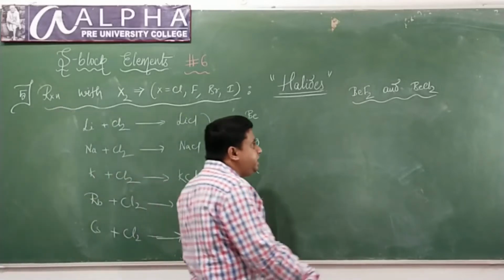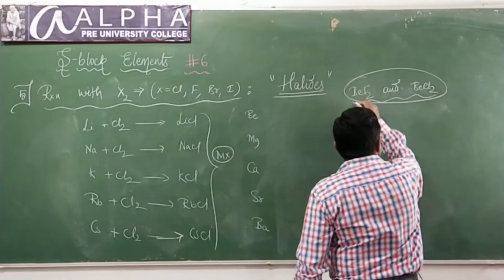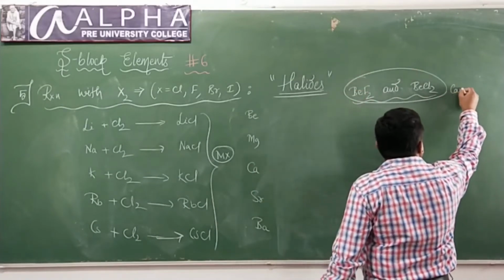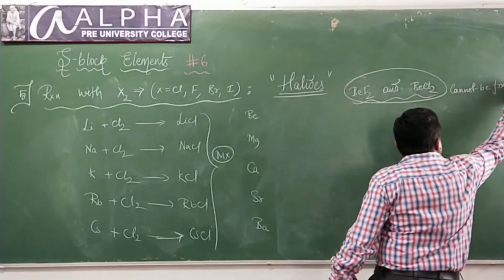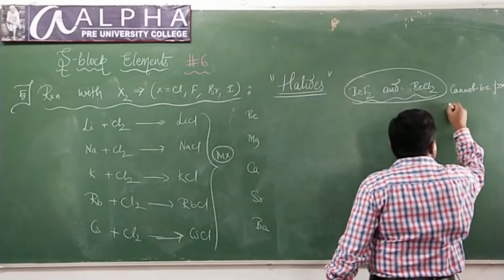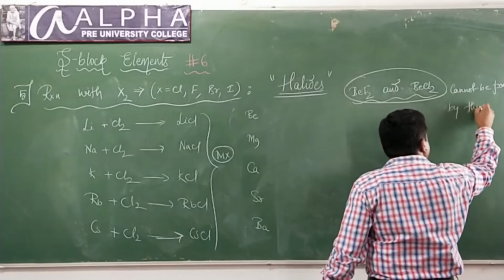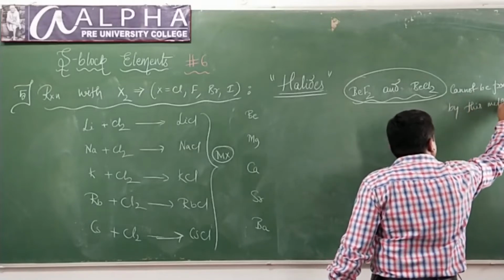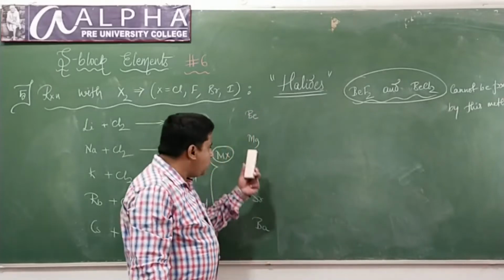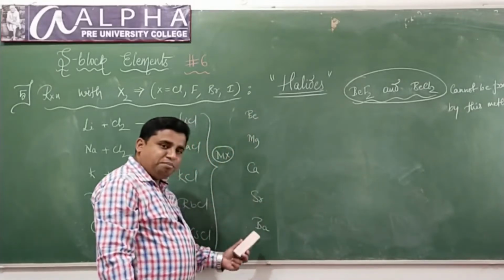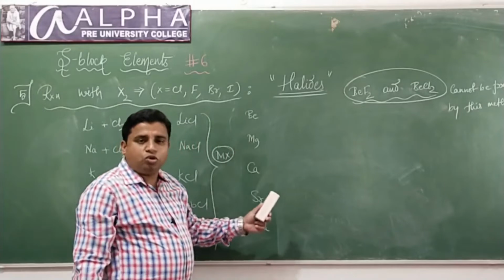These two cannot be prepared by this method. Okay, then what else do we have to do? Only magnesium, calcium, strontium, barium, they can form chlorides by this method.